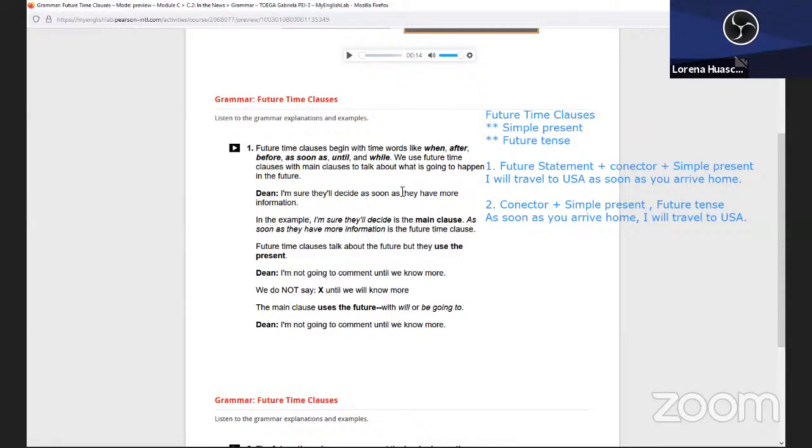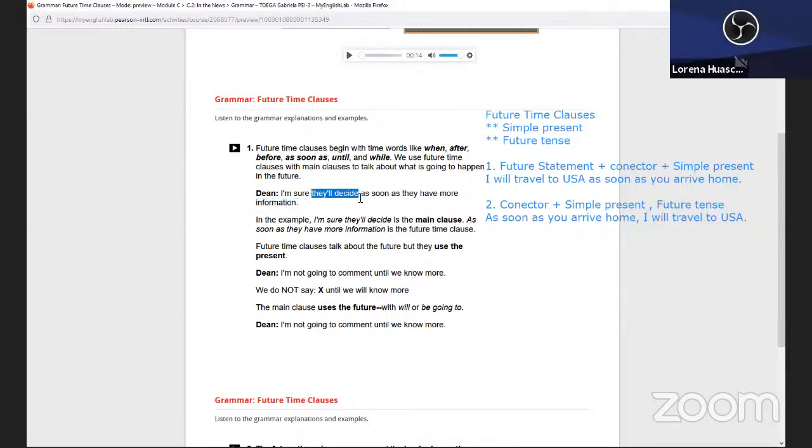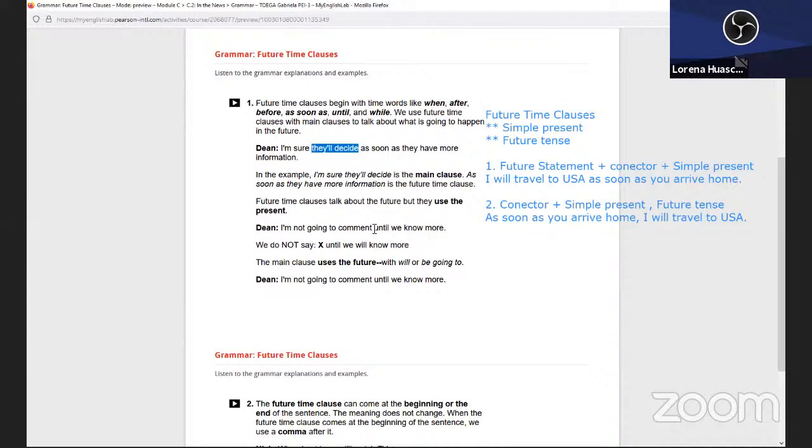So what is the first activity that has to happen first? They have more information, right? And after they have more information, they'll decide. Okay? Perfect.